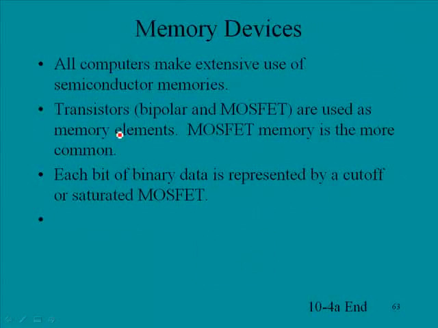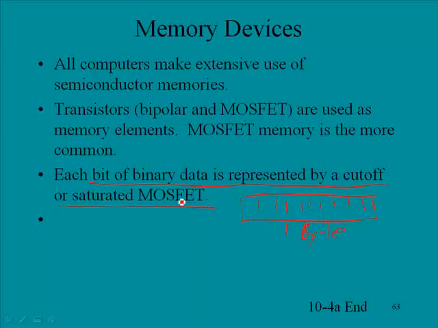Okay, memory devices. All computers make extensive use of semiconductor memories. Transistors, bipolar, and MOSFET are used as memory elements. MOSFET memory is the more common. Each bit of binary data is represented by a cutoff or saturated MOSFET. So notice that every bit of memory data is represented by either a cutoff or a saturated MOSFET. So you'd have 8 tiny MOSFETs to represent 1 byte of data.